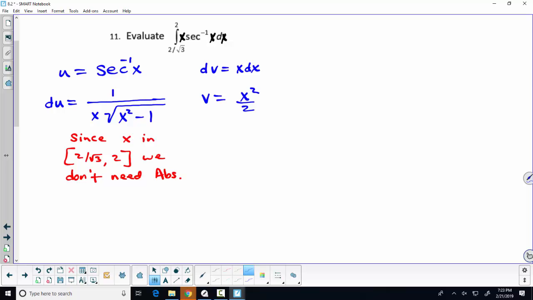If this were just inverse secant, U would be inverse secant and dV is dx. We could integrate by parts to find the antiderivative of all of our inverse trig functions. Well, I'm going to start down here. Run out of room.